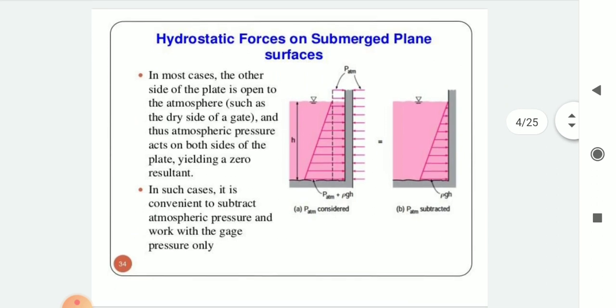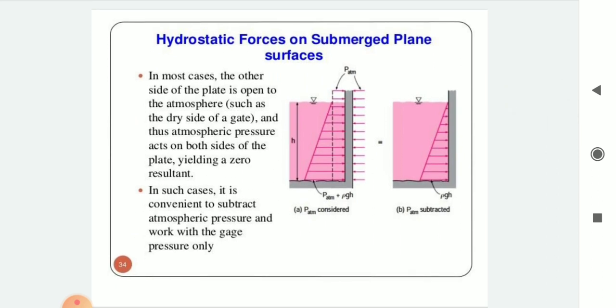In most cases, the other side of the plate is open to the atmosphere, such as the dry side of a gate, and thus atmospheric pressure acts on both sides of the plate, yielding a zero resultant. As shown in the figure, we can see P atmosphere considered in figure A, and in figure B, P atmosphere subtracted.